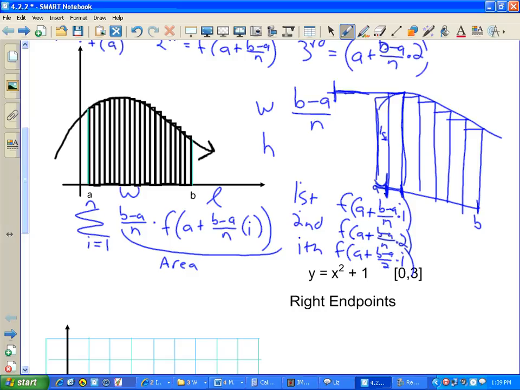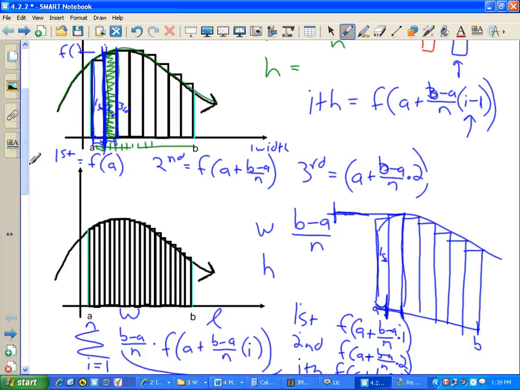But I want to find out what the area is getting closer and closer to as I get more and more rectangles, because if you can see in this picture, my area is going to be close, but I'm going to be overlapping by this much. These little corners are creating more area than I actually need.